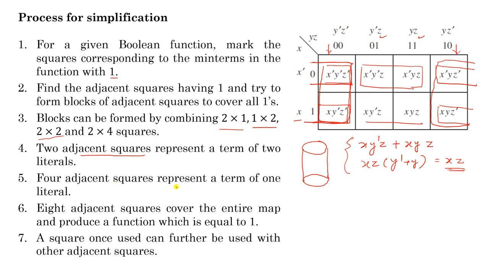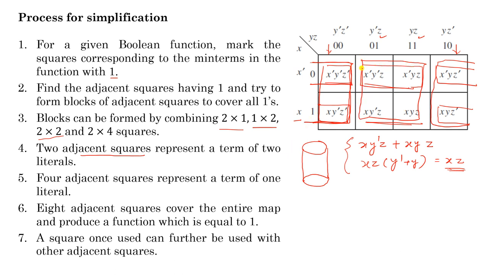Four adjacent squares represent a term of one literal only, because for example, if you take these four, this will give a term of two literals, this will give a term of two literals, and in these two literals again one literal will be common. So if you take four adjacent squares, for example these four, this will give you a term of one literal only.